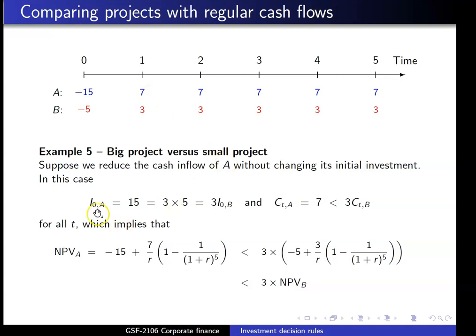So the sum of the cash flows from A is not equal to 3 times the sum of the cash flows from B anymore, and the net present value of A is not 3 times the net present value of B anymore. The net present value of A may be larger than B at some point for some discount rates, but not for all discount rates greater than 0.